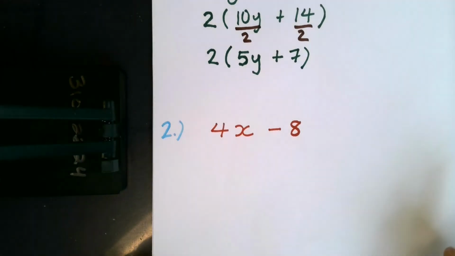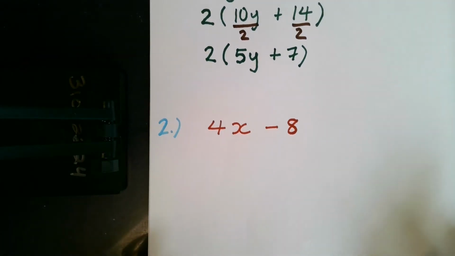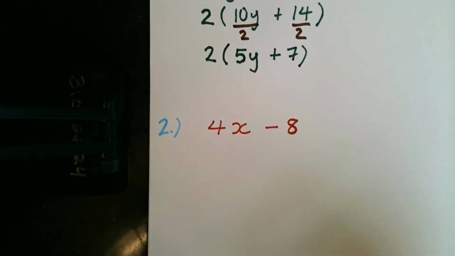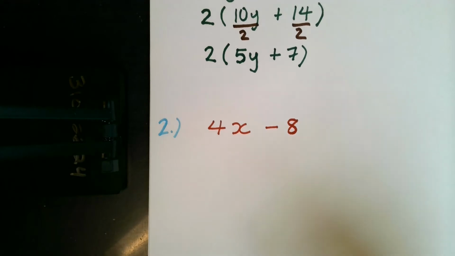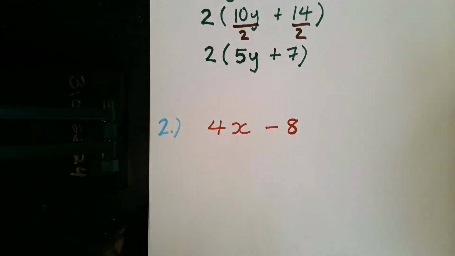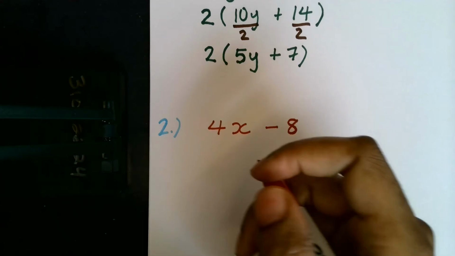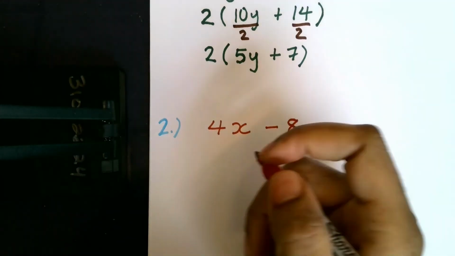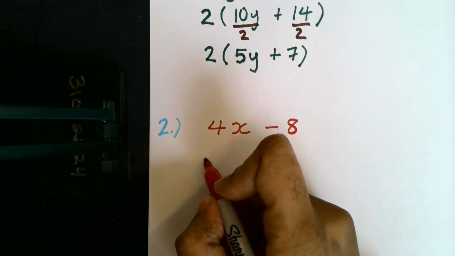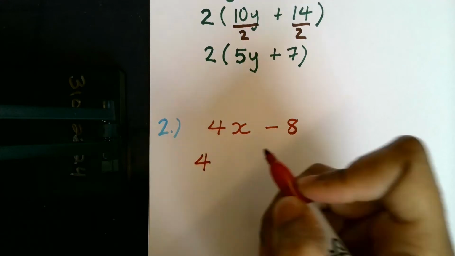Here we have 4x take away 8, and we should factorize this expression as well. So the first step is to find the greatest common factor. The greatest common factor in this case is 4.